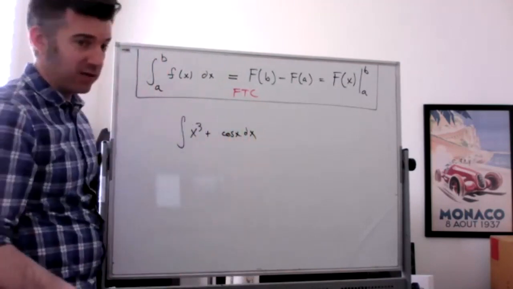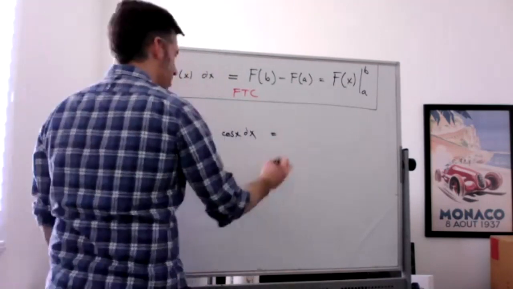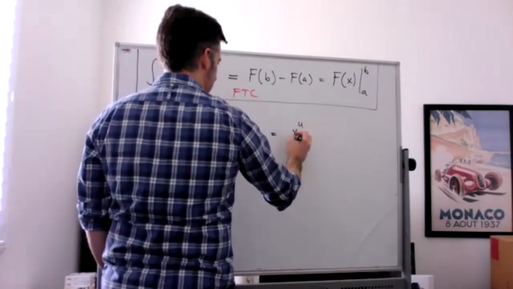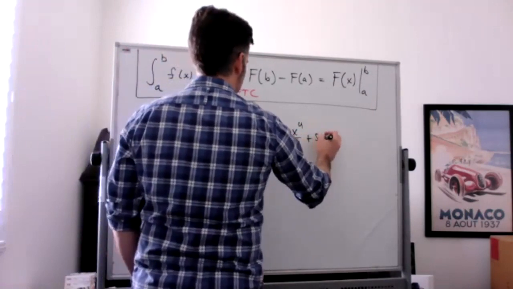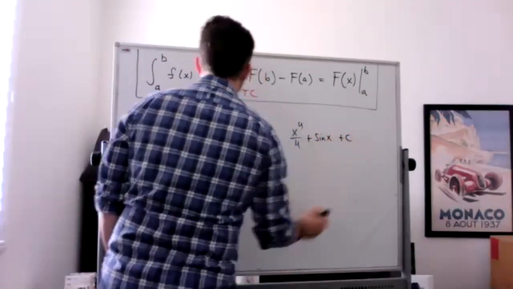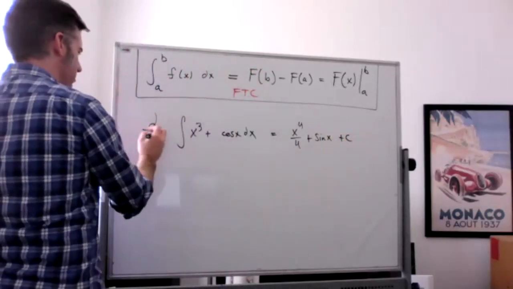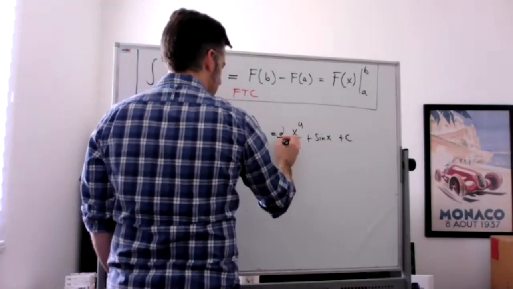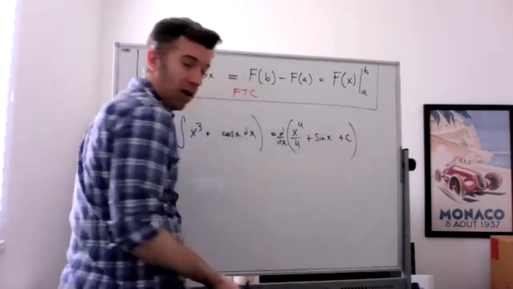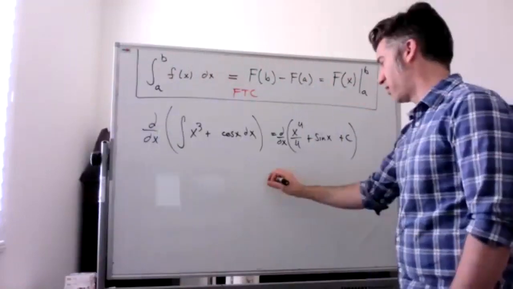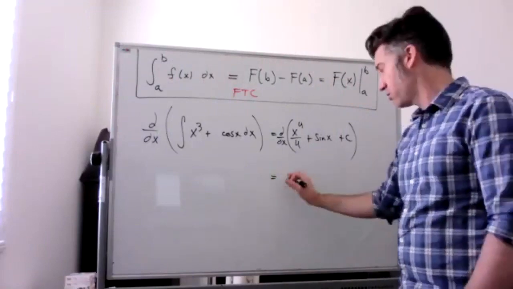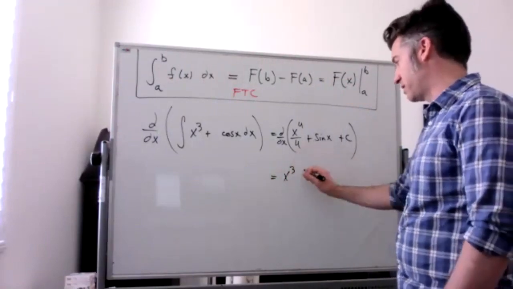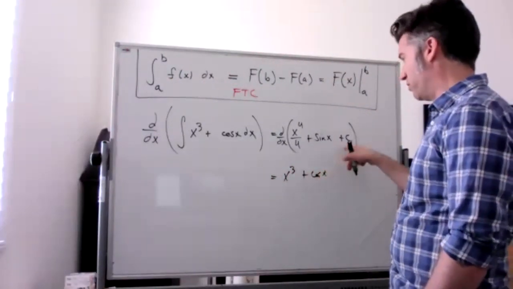The antiderivative of that is equal to x to the 4th over 4 plus sine of x plus c. And then if you take the derivative of that, well, the derivative of x to the 4th over 4 is 4x cubed over 4. The derivative of sine x is cosine x. The derivative of c is 0.